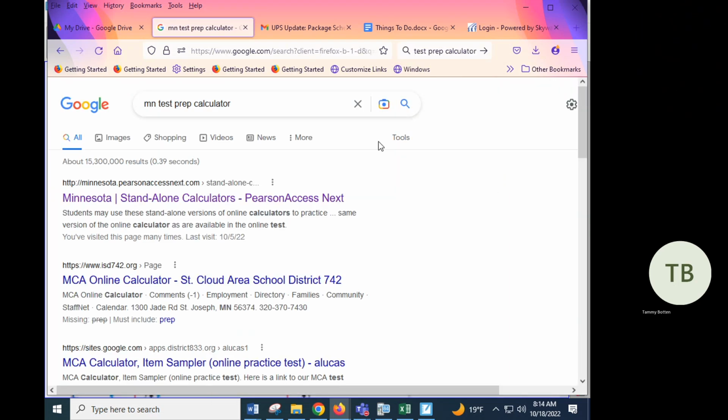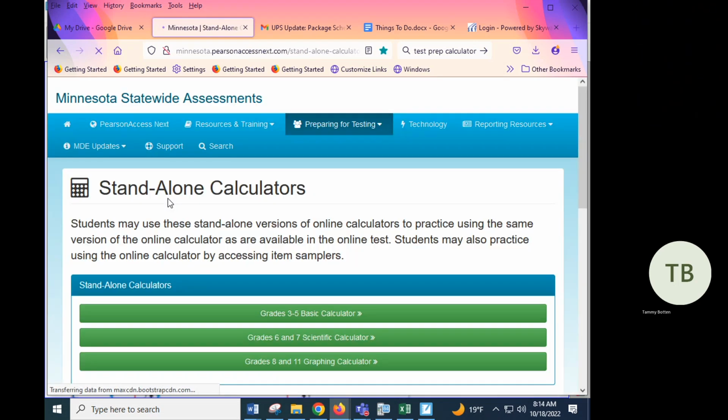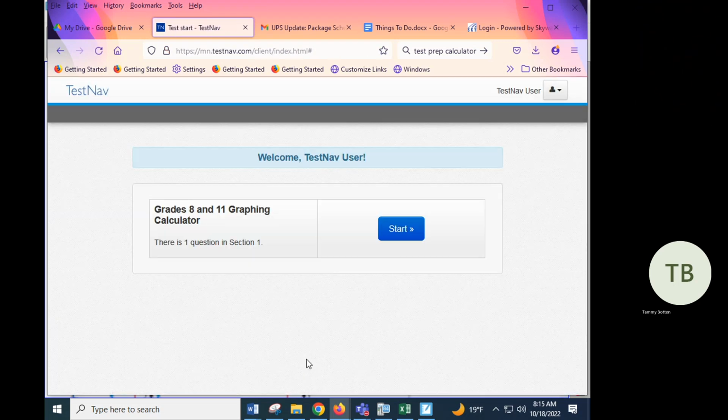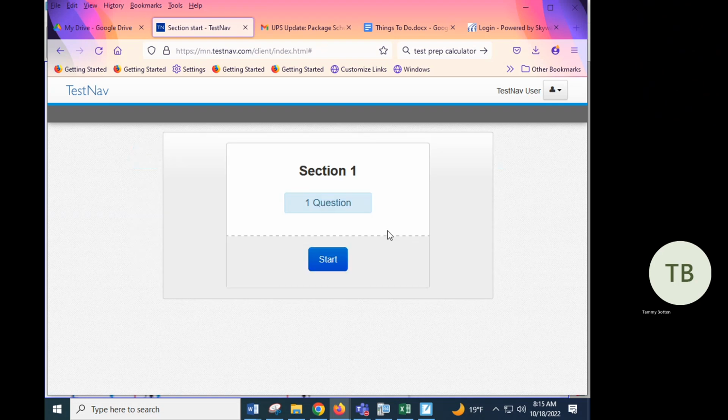When that comes up, use the top one, Minnesota standalone calculators. Then go down to where it says grades 8 and 11, and hit start twice.